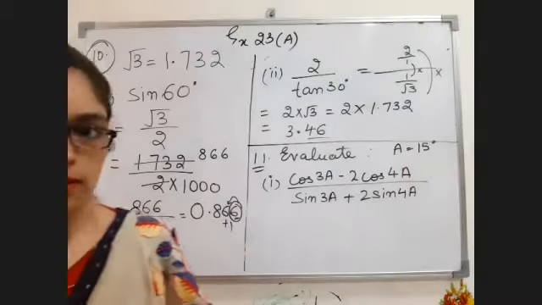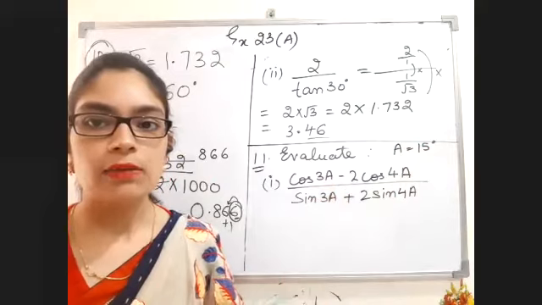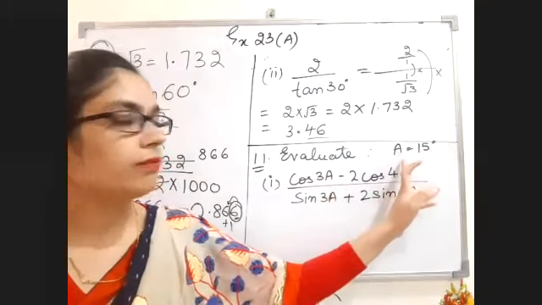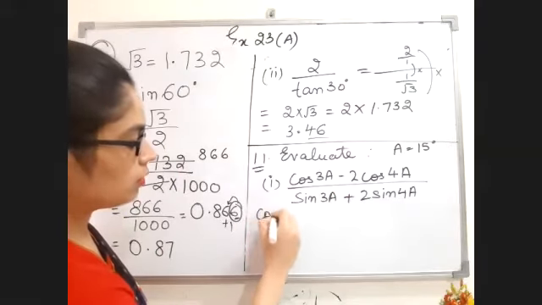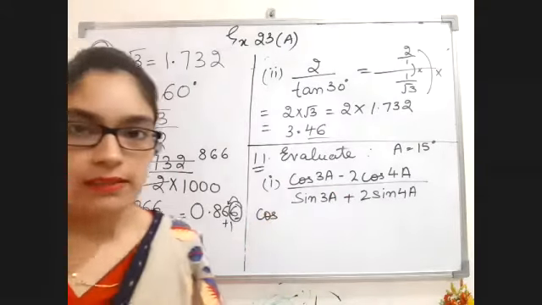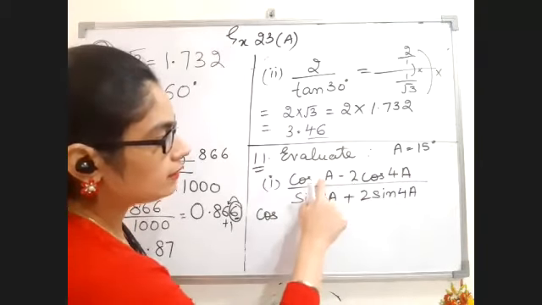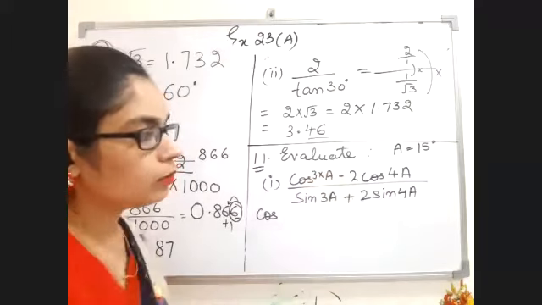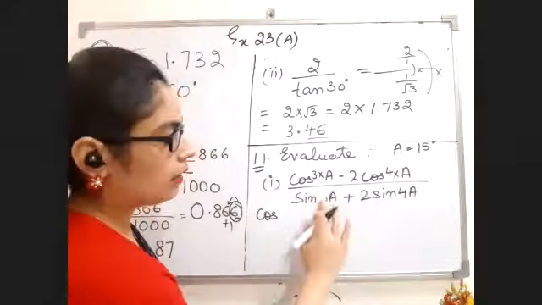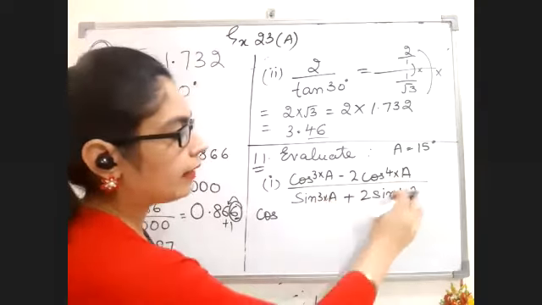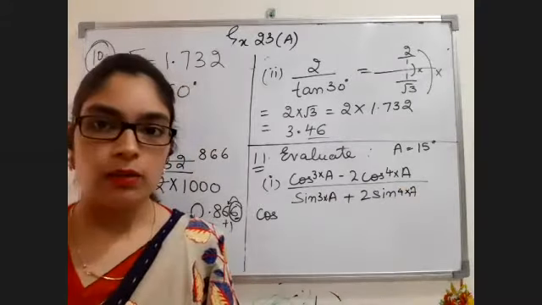Very simple question. Wherever you see A, just substitute its value as 15 because they have mentioned the value of A is 15. And one thing here, when 3A is written, that means 3 into A, and 4A means 4 into A. So only in place of A you have to write 15.